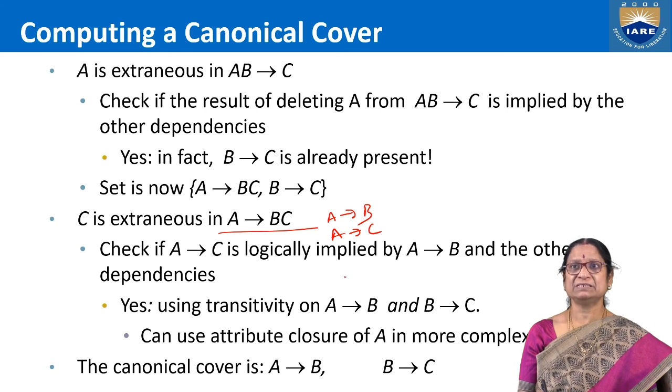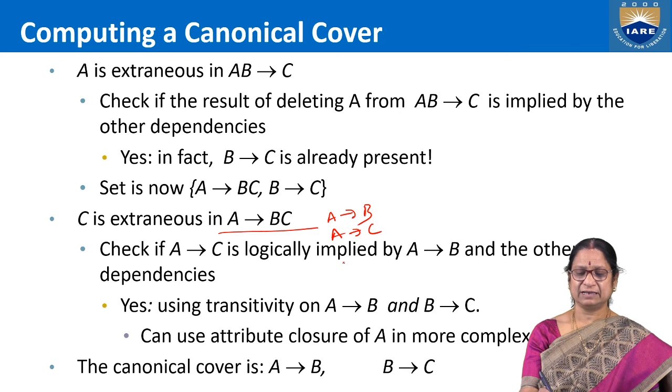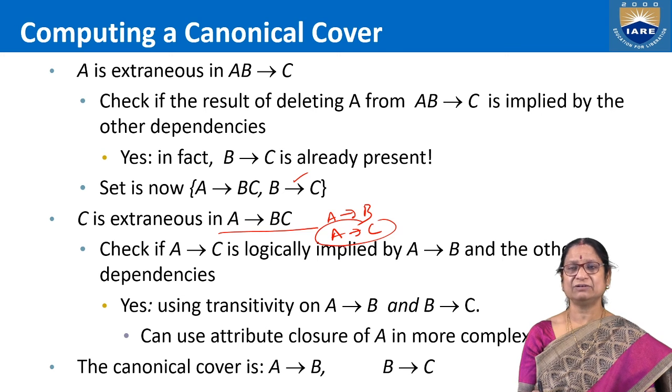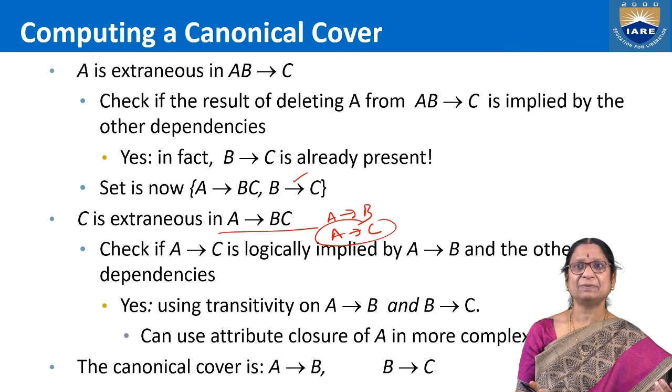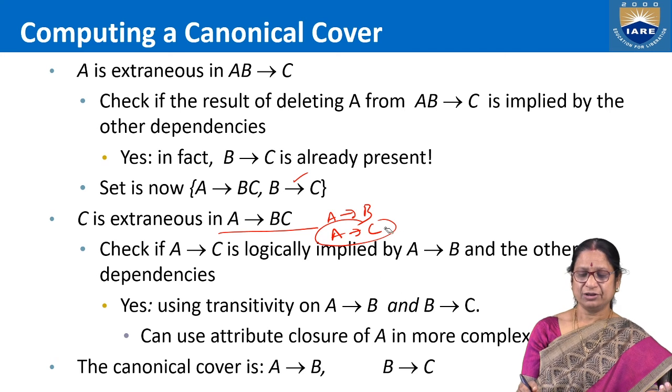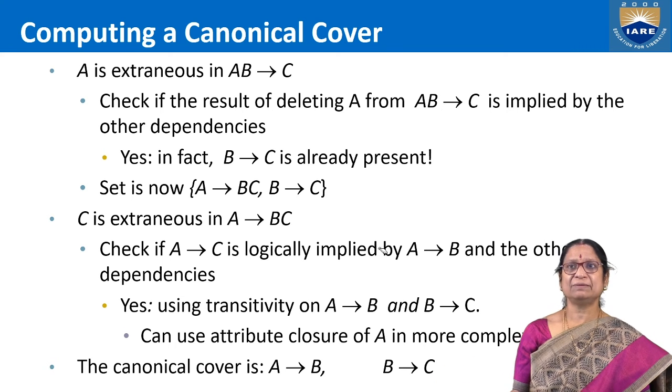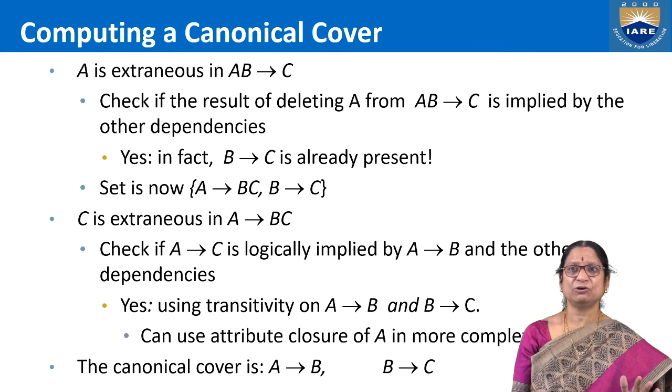So A determines B is already there, and B determines C is there as the second one. By using these two, I'll get A determines C. Then it will be an additional one only, no? So because of that, C is extraneous in this example. As a basic transitive property, A determines C is an additional dependency. So that's why C is extraneous.